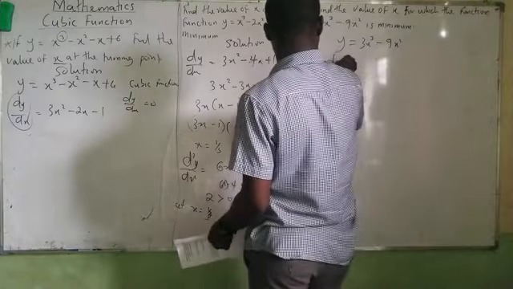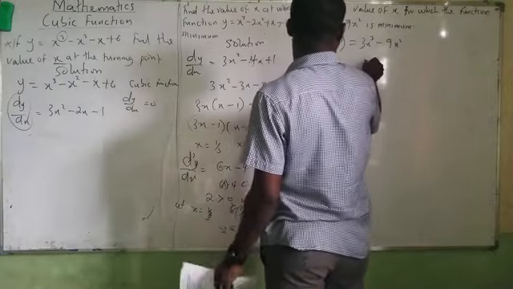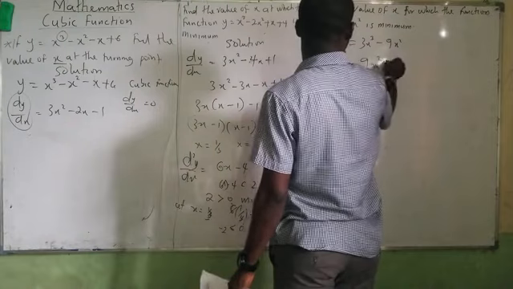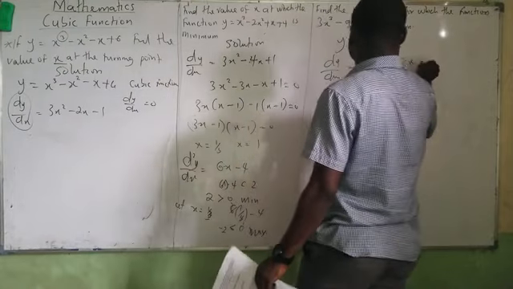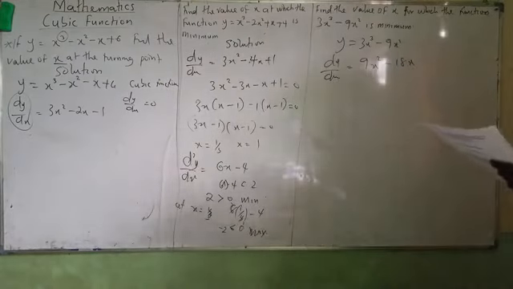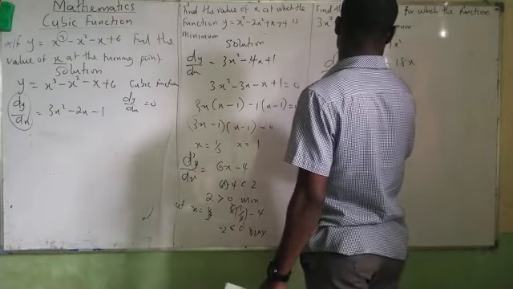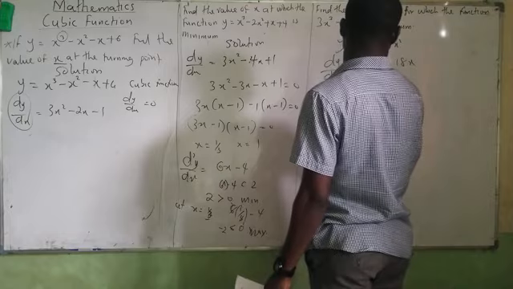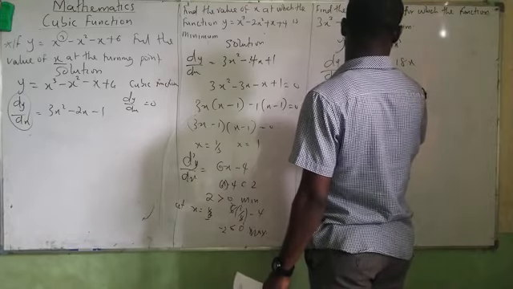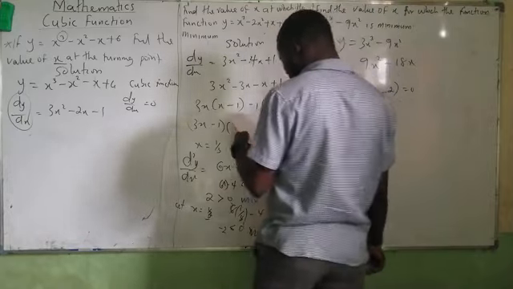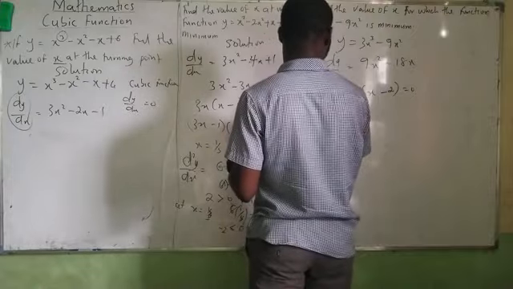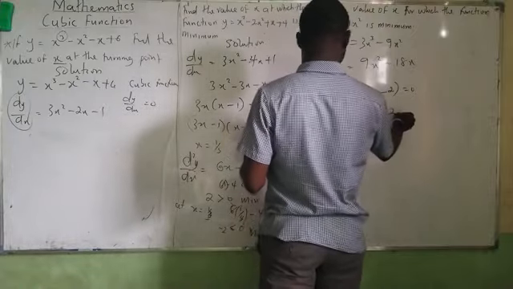Now, dy/dx will be equal to 9x squared minus 18x. That is the first thing I will do. Equate to 0, which gives 9x bracket of x minus 2 equals 0. So my x will be equal to 0, or x equals 2.